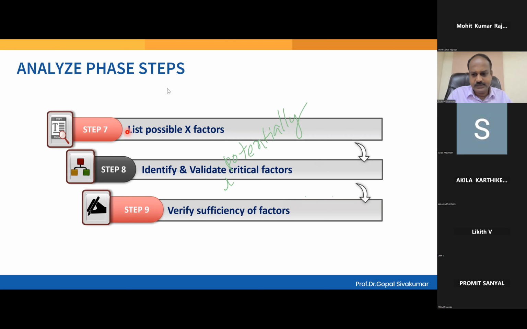In order to better understand these steps, let us consider a scenario. Imagine there is a party, a wedding party. At the wedding party, let's say 100 guests are there.